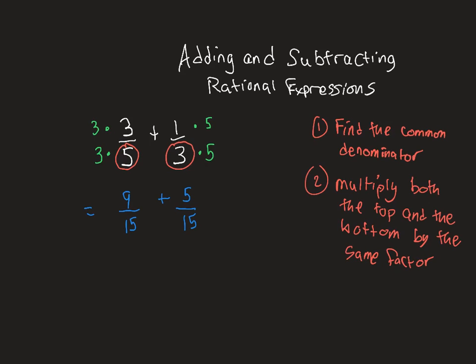Once you're done that, you can then get your answer, because once you have the same common denominator, you add your tops. So you can add 9 plus 5. 9 plus 5 is 14.